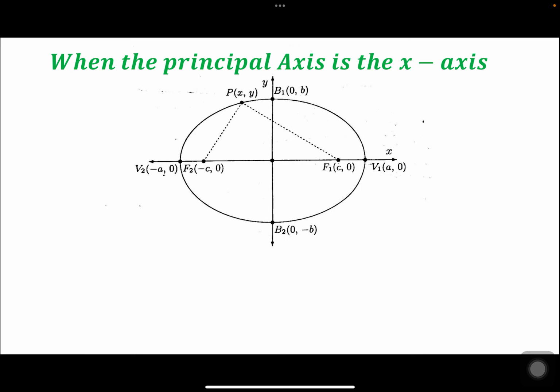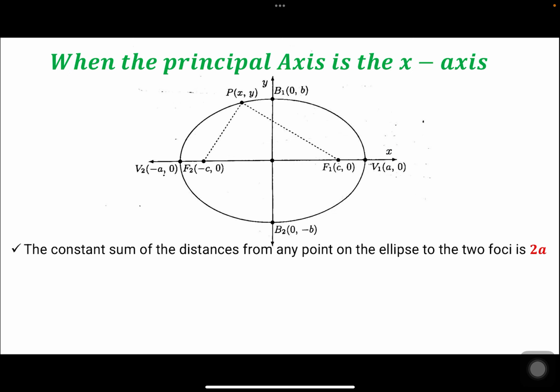Next. So, when the principal axis is the x-axis, as you can see on our screen, so ayan yung magiging shapes natin. So, we denoted different points. So, let's discuss that. The constant sum of the distance from any point of the ellipse to the two foci is equal to 2a.